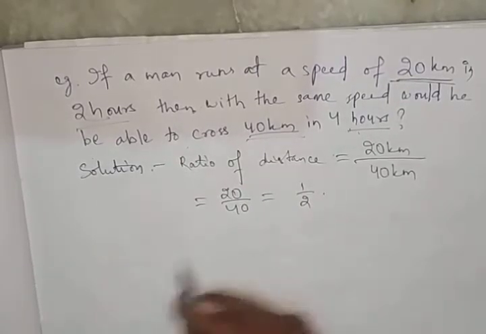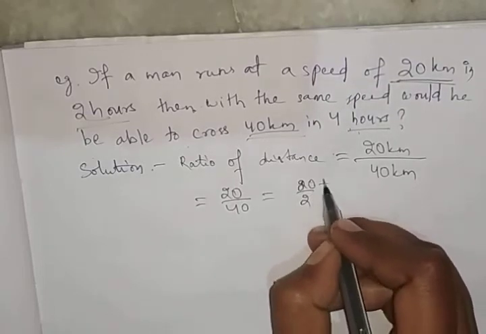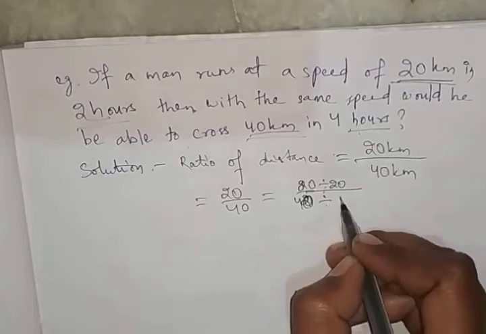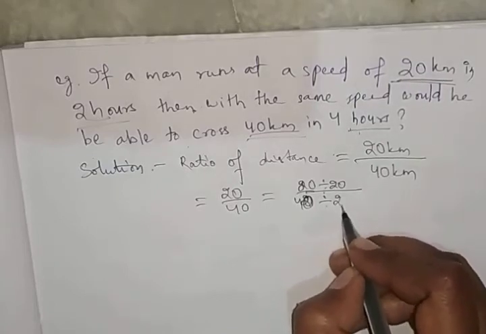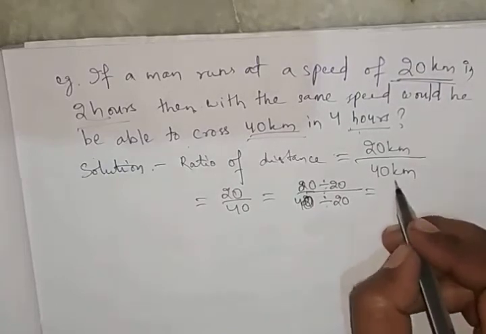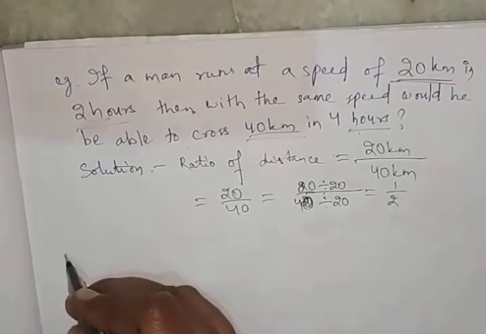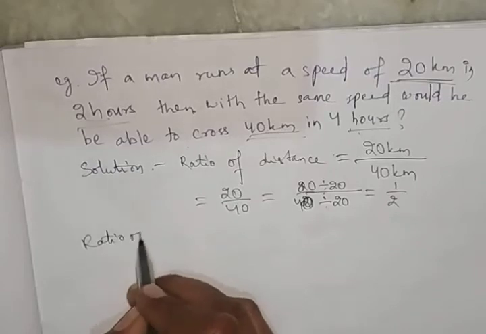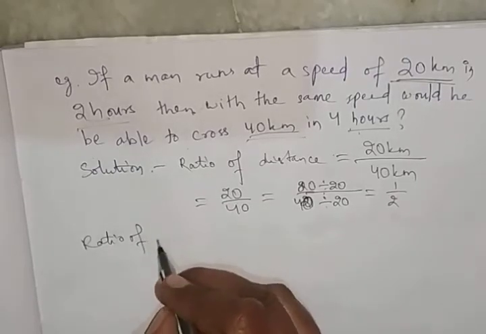This one you can write as 20 divided by 20, 40 divided by 20. So how much is it? 1/2. Next, the ratio of time, hours.